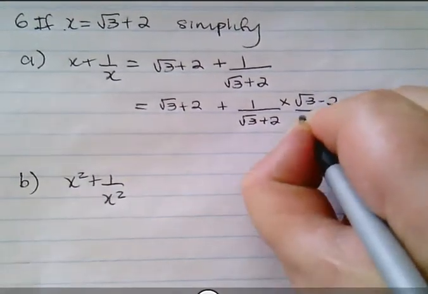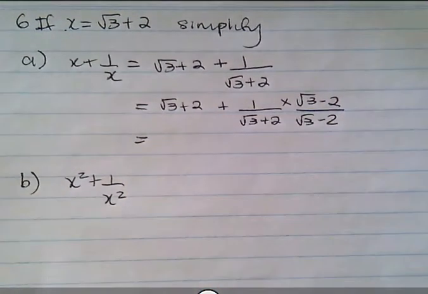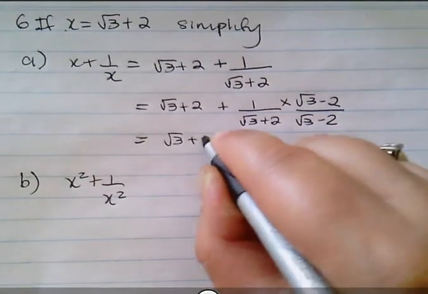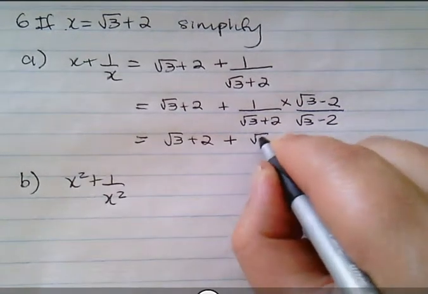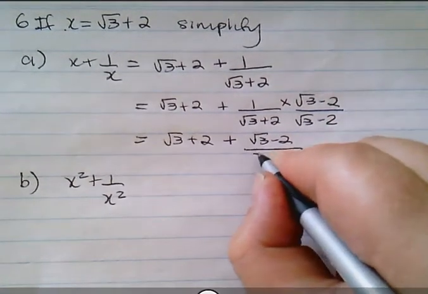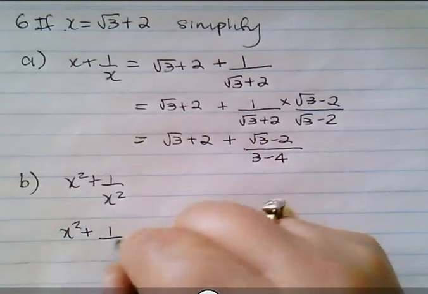So we rationalise the second one, which is root 3 plus 2 plus, well, the numerator is root 3 minus 2, and the denominator is 3 minus 4. I'm just going to move this next one down.